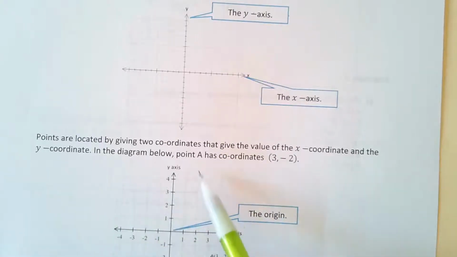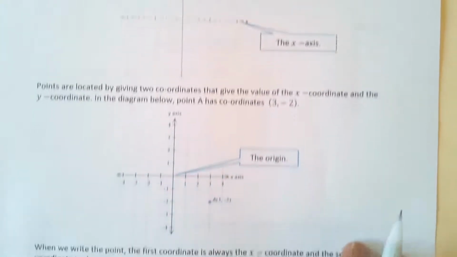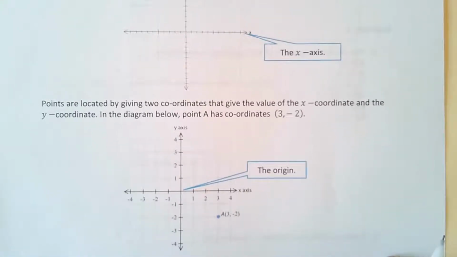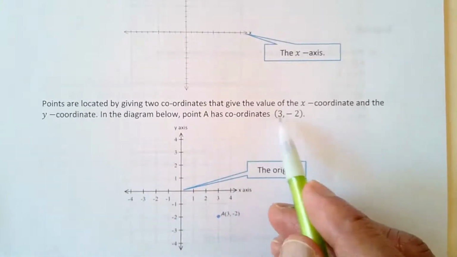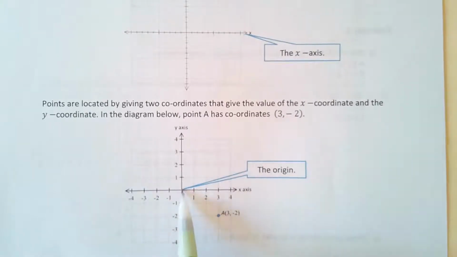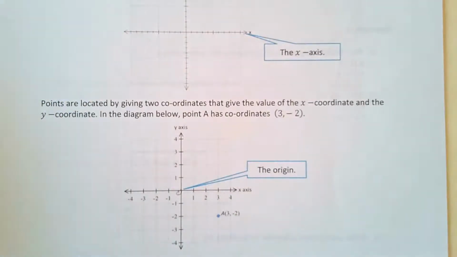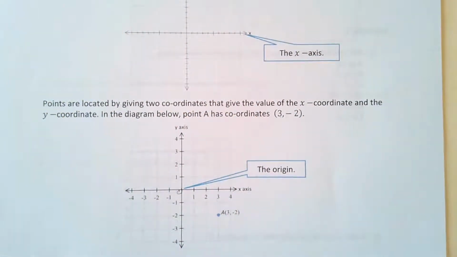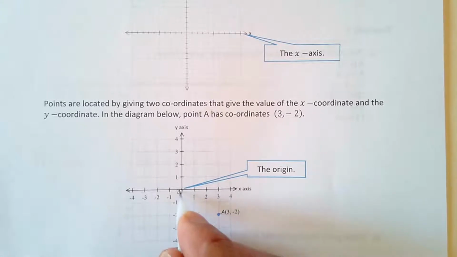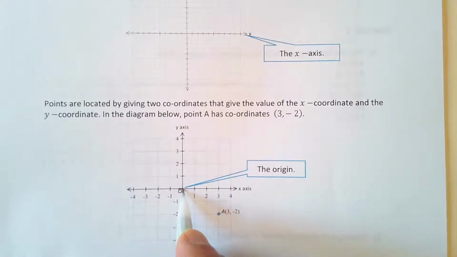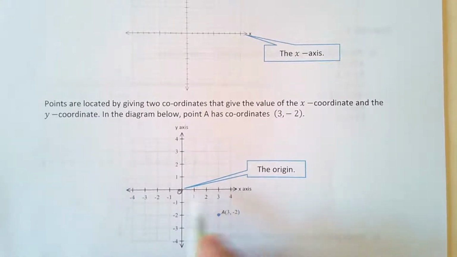In the diagram below, this is point A. If you look at this diagram, the point (3, -2). This is the origin, we call that 0. We always count from the origin, going up 1, 2, 3, 4.